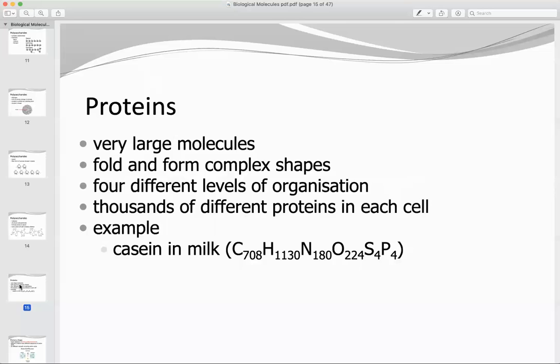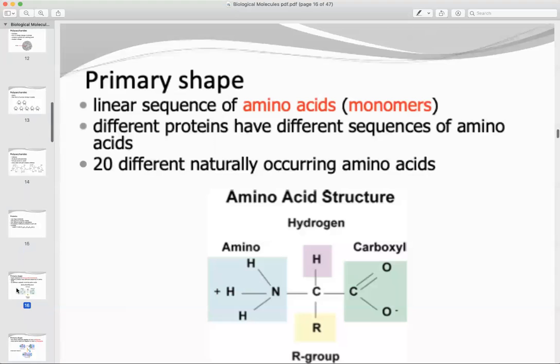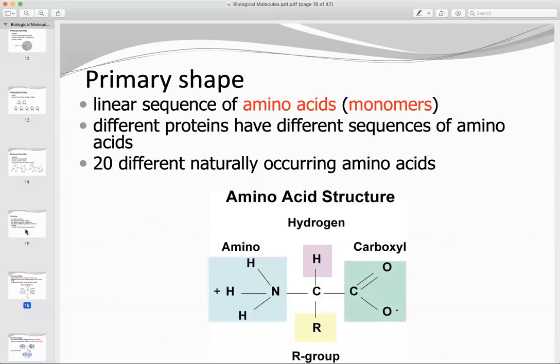I mentioned protein structure, all right? There are 4 different levels of organization for the protein: it can be arranged in its primary, secondary, tertiary, or quaternary structure, okay? We'll take a look at those in a little bit more detail shortly. Jot those down. So the first level of organization for proteins is the primary structure.